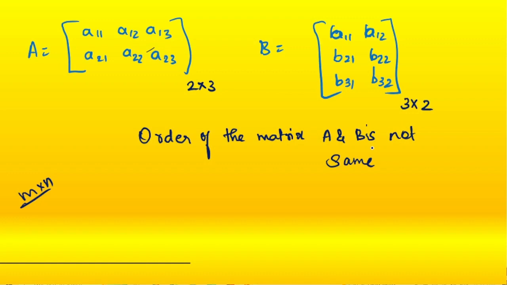Therefore, what can you not do? You cannot add. So A plus B is not defined. That means you cannot add, since the order of the matrices is not the same. Here a 2 by 3 matrix, a 3 by 2 matrix, it cannot be added. Clear? You can write A plus B is not defined. Hope you are clear, right?